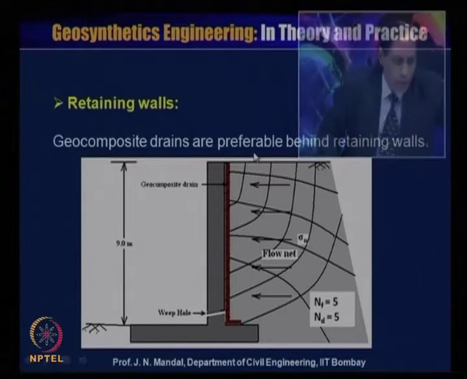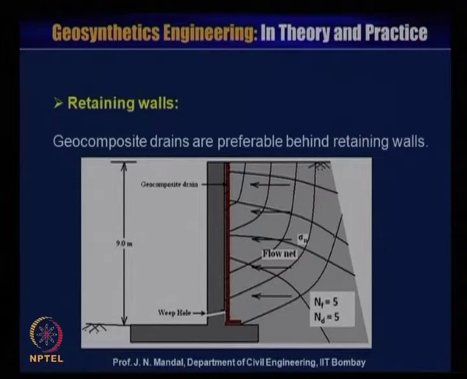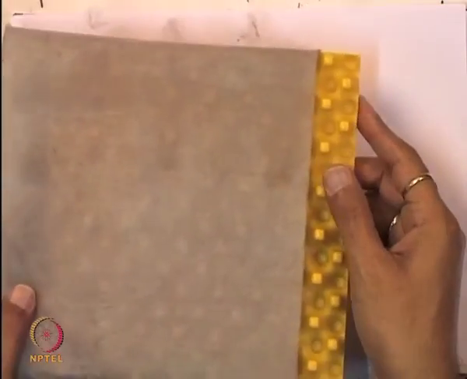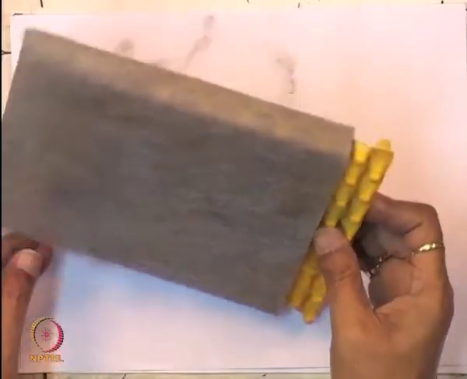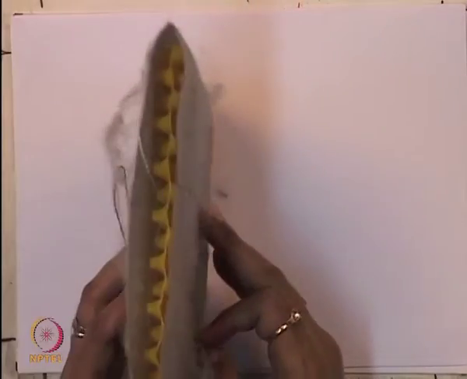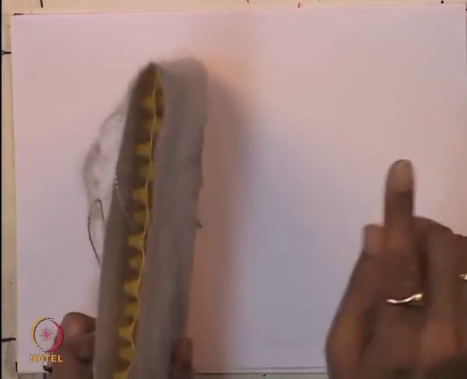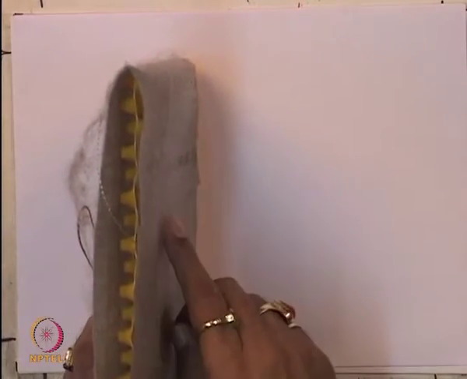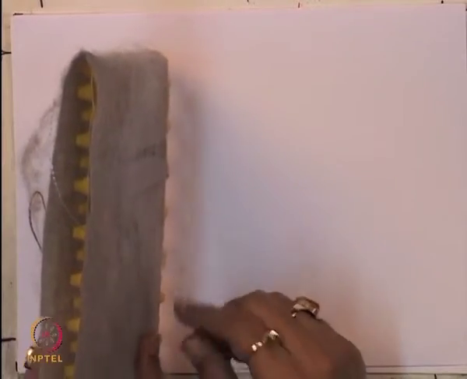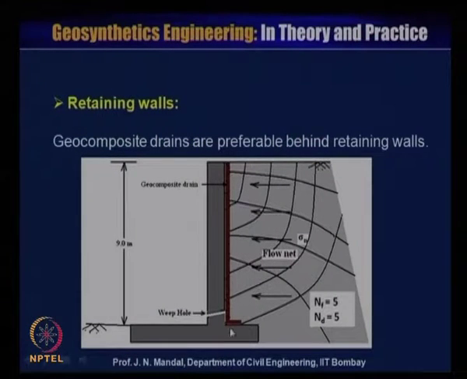It is a material like this, which can be provided at the back of the retaining wall. Water can pass through this material, and also there is a lateral force acting on this wall.